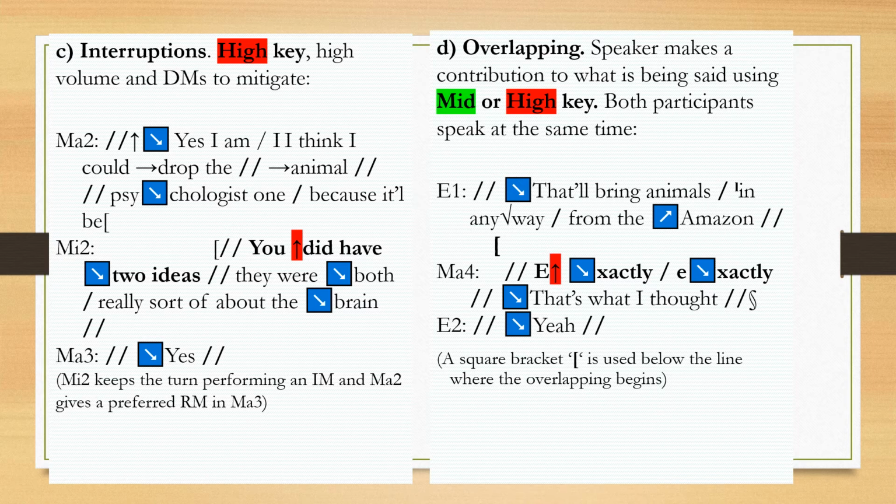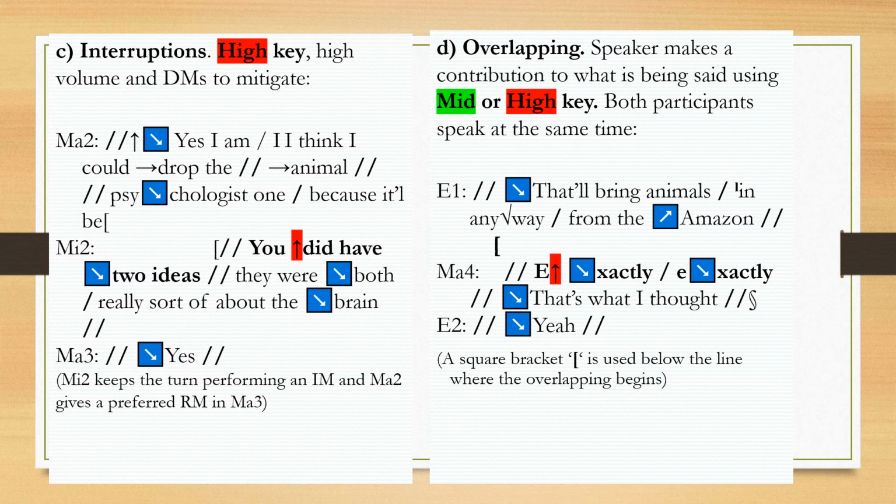As you can see here, Maury is speaking there, and when he is interrupted by the other speaker and doesn't let the other person finish, because the other person is competing for that.